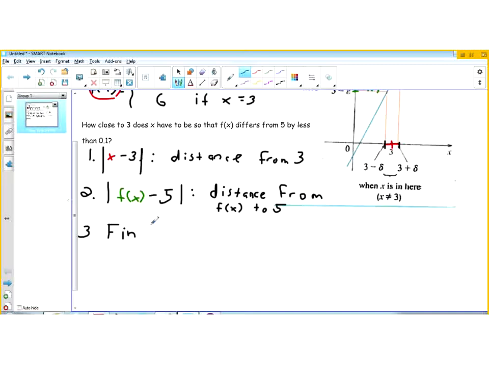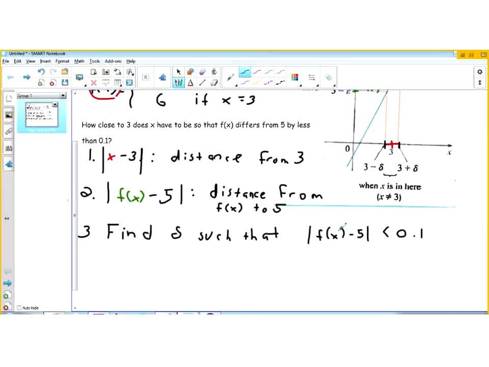We want to find delta. Now delta is just a variable, okay? Find a delta, Greek letter delta, such that the distance from f of x to 5 is less than 0.1.